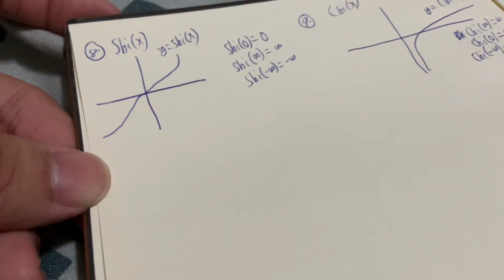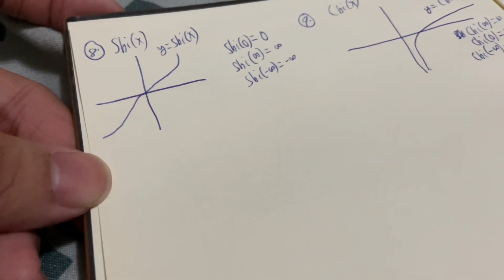So let's move on. I think it's the most special one in this video, the number 10, and it's called the polylogarithm integral, right? Li2 of x, and its graph looks like this.